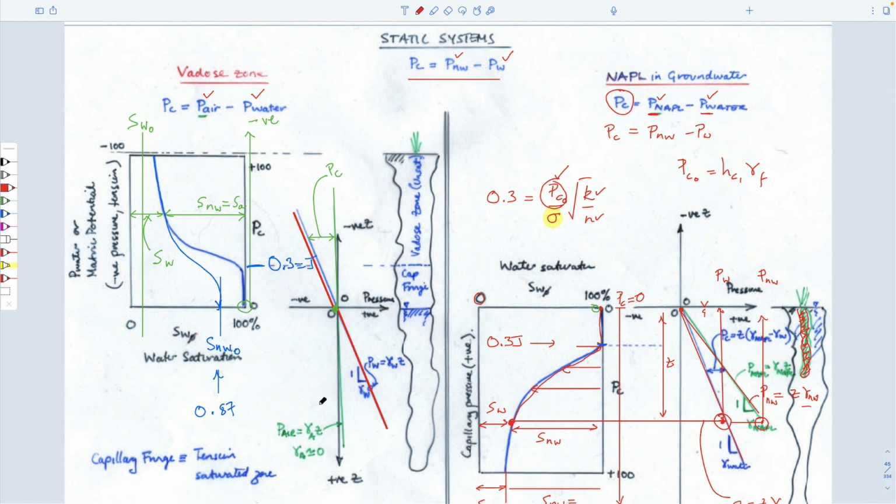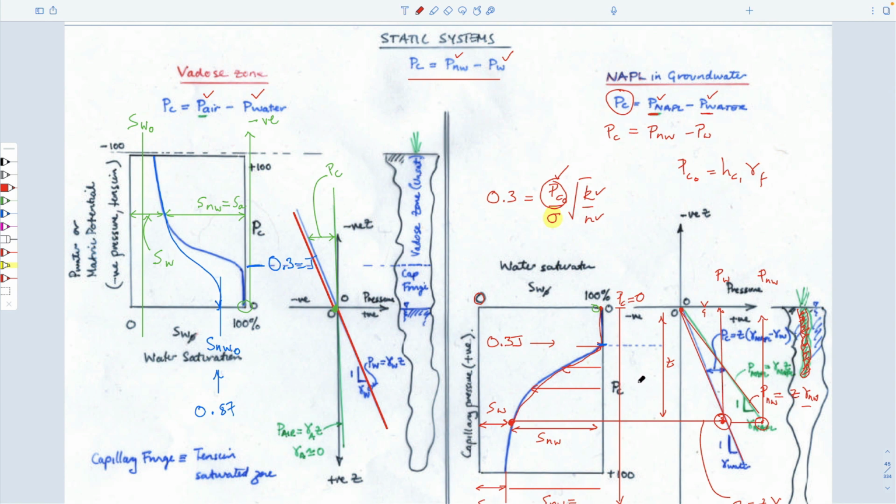So we define things only in terms of two individual fluids. The fluids that we're dealing with are classified as wetting fluids, typically water for us, and non-wetting fluids, which are typically either these solvents, denser than water if it's below the water table, or in the vadose zone, we're interested in air, which would be another non-wetting fluid, which plays counterpoint to the water.